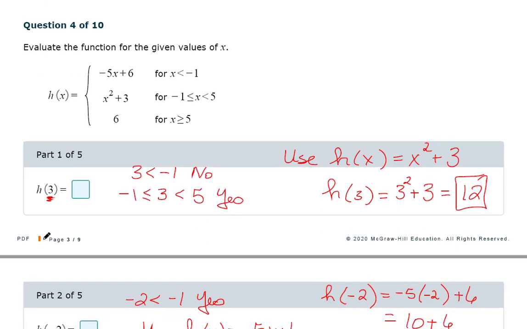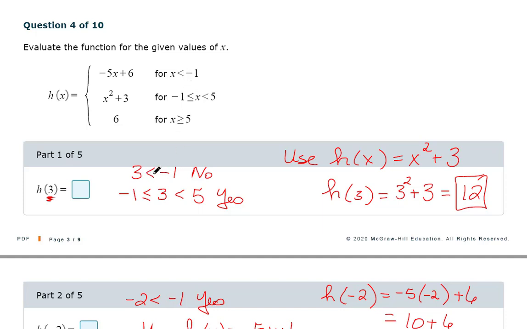All right, question 4. We have a piecewise defined function. H has 3 different rules, all depending on where the input is picked from. So let's see, h of 3. Where does 3 live here?